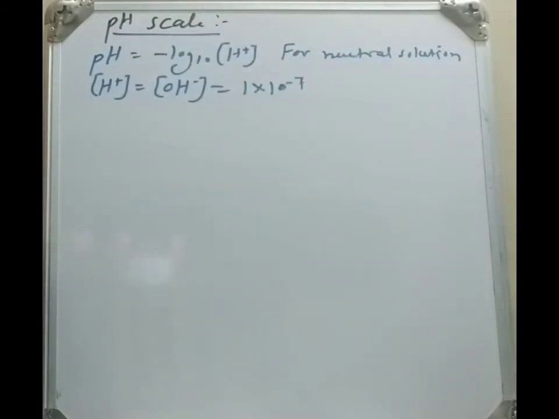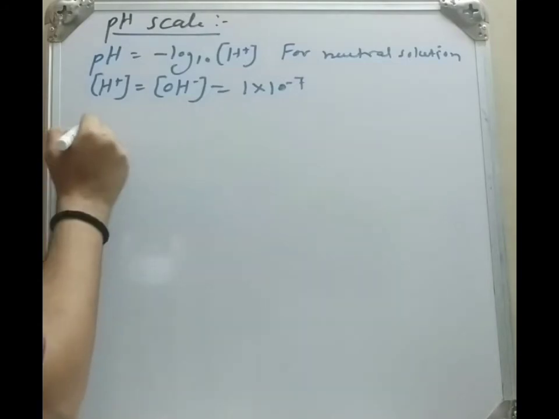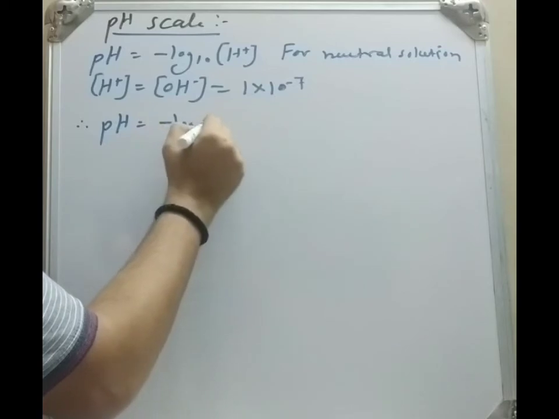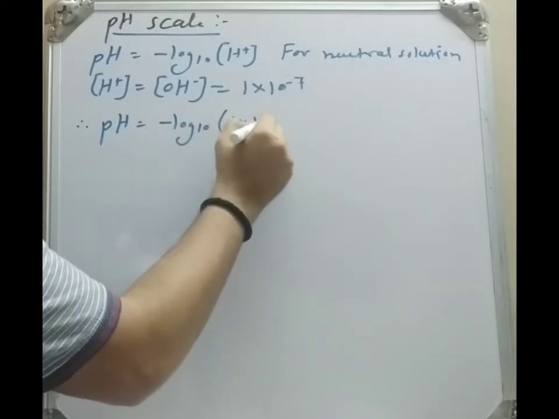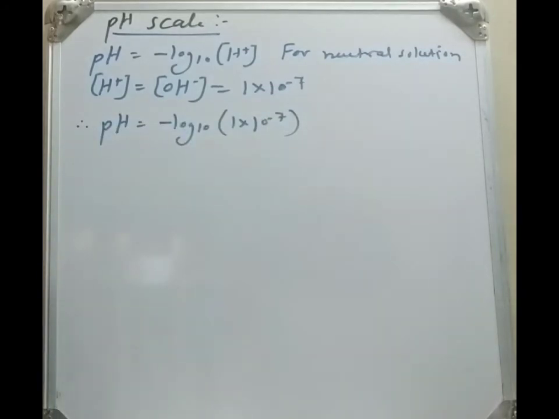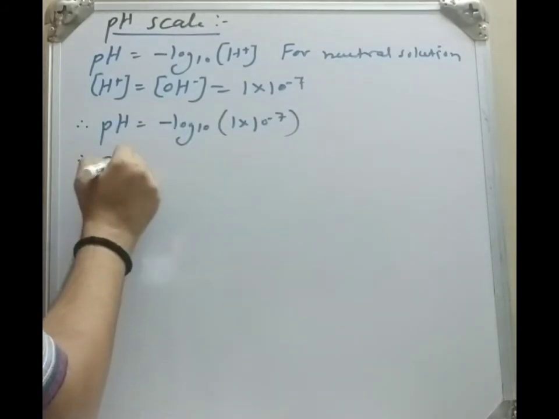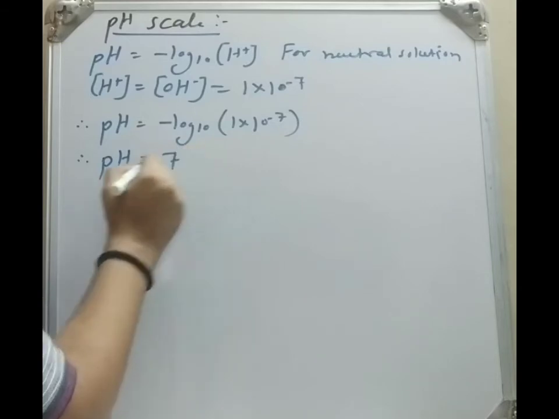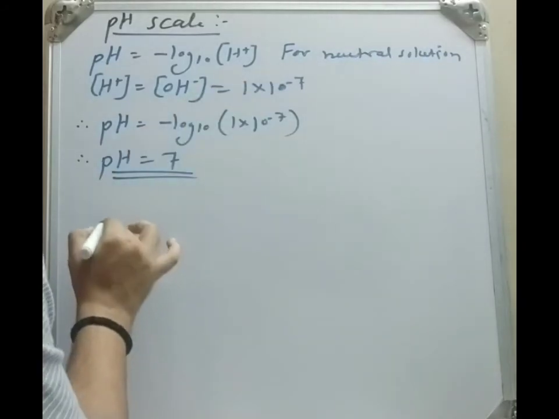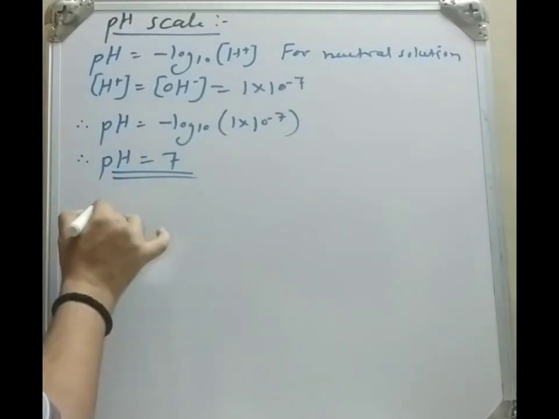Therefore, here pH is equal to minus log to the base 10 of 10 raised to minus 7. So when we solve it, we get pH equal to 7. So for neutral solution, pH is equal to 7. A solution which has pH 7 is called what? Neutral solution.